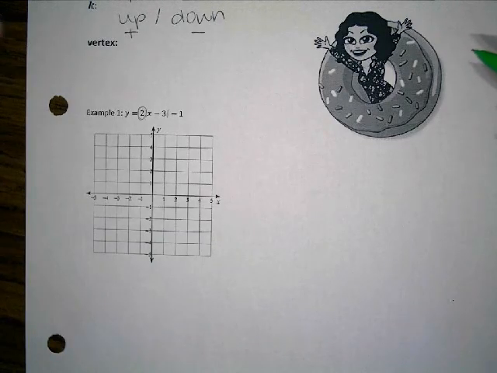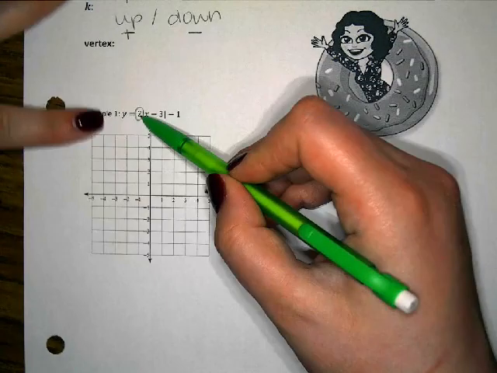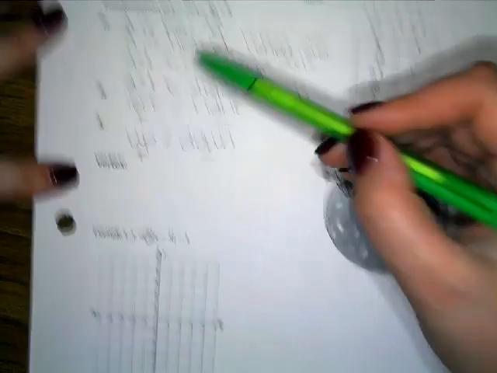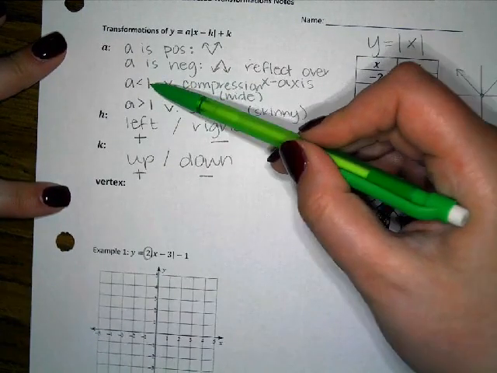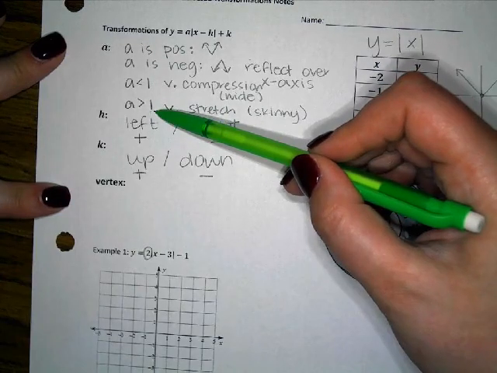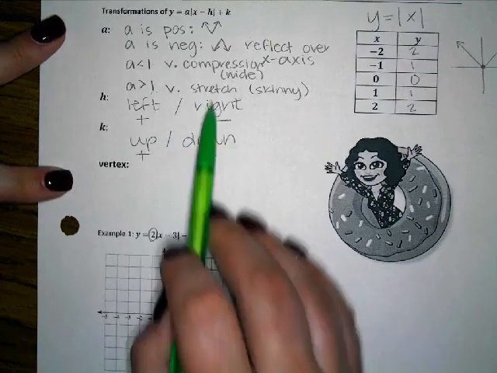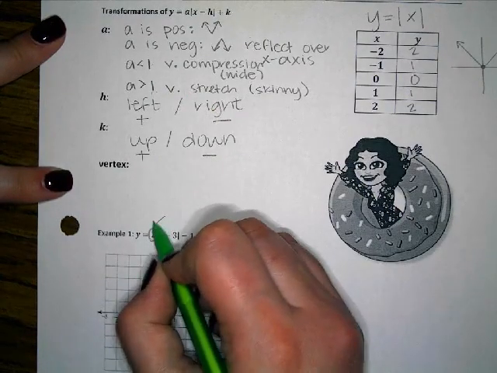It's a positive 2. The 2 has the size of the number where it's not small, it's a little bit bigger. So if it's bigger, what does that mean? Skinny. This is a skinny graph, which means we're going to call it a vertical stretch.